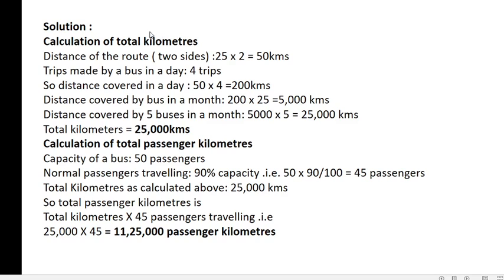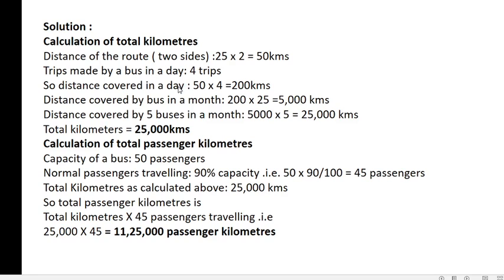Here we have been asked to calculate total kilometers and total passenger kilometer. We use this method to calculate the total kilometer. This is one of the methods of calculating the total kilometers. Distance of the route, that is for two sides, 25 into 2 is equal to 50 kilometers. Trips made by a bus in a day, that is 4 trips.